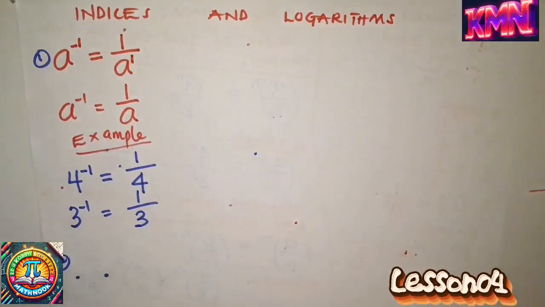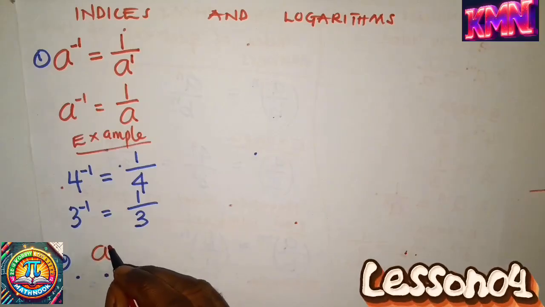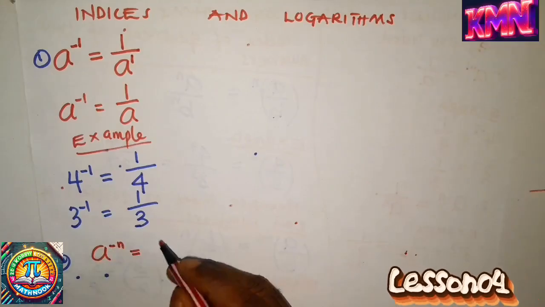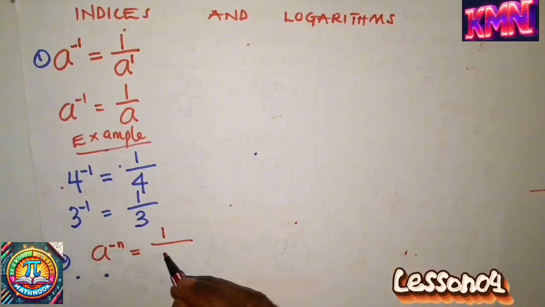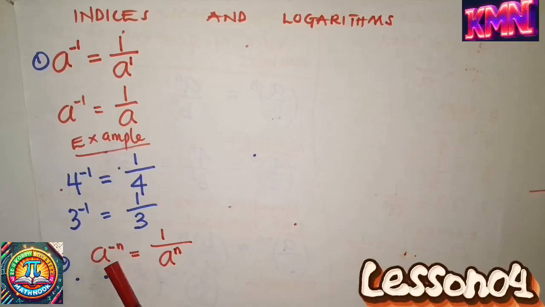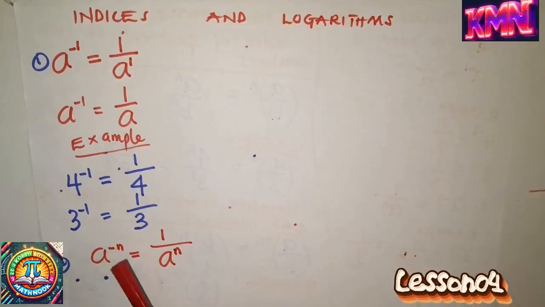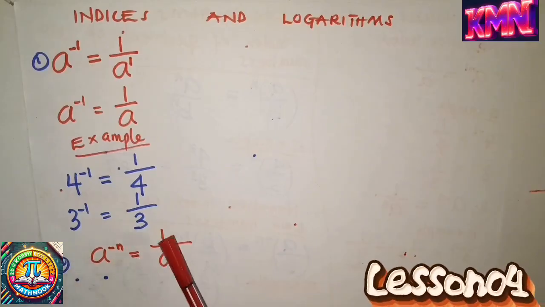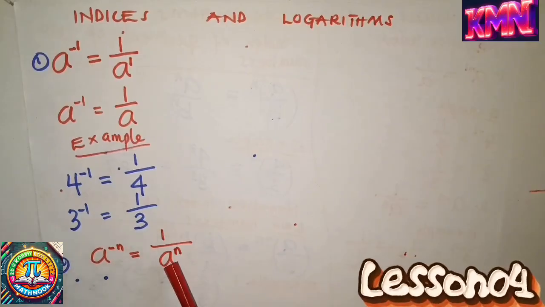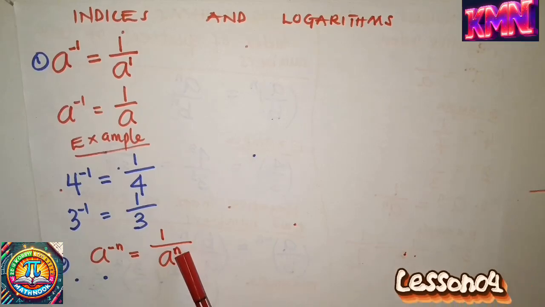Again, if we have a number, say a, to the exponent -n, note, any number raised to the negative index is equal to the reciprocal of that number raised to the same but positive index.